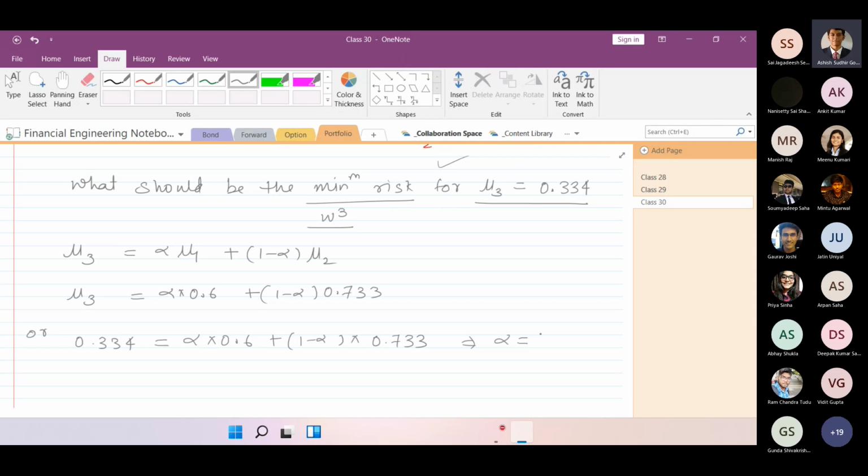Soumyadeep? Yes, sir, doing. Anybody else? Akshat, Anvesha, Ankit? Because we have almost finished with the two-fund theorem, and it's not very difficult. What is the value of alpha now?